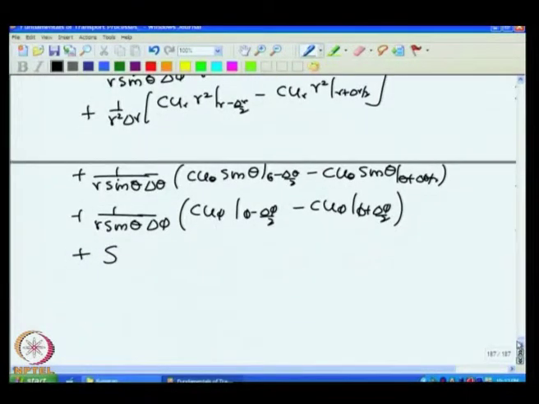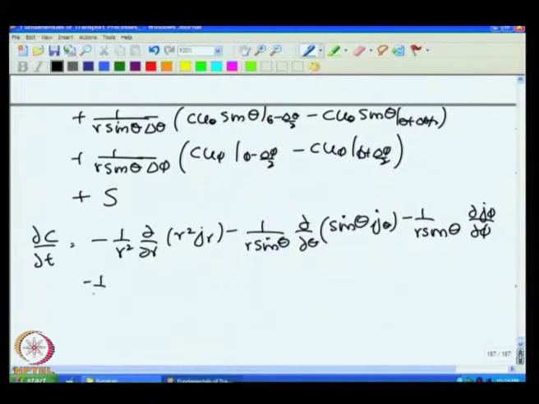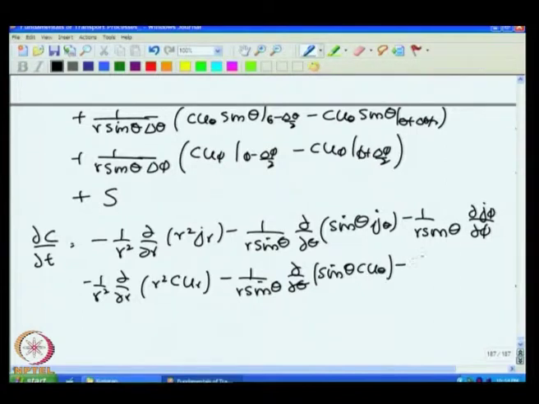And if I take that limit, it is easy to see that the form of the differential equation that I get is dC by dt is equal to minus 1 by r square d by dr of r square J_r, minus 1 by r sin theta d by d theta of sin theta J_theta, minus 1 over r sin theta partial J_phi by partial phi, minus 1 by r square d by dr of r square C U_r, minus 1 by r sin theta d by d theta of sin theta C U_theta, minus 1 by r sin theta partial of C U_phi by partial phi, plus any sources or sinks that are there.